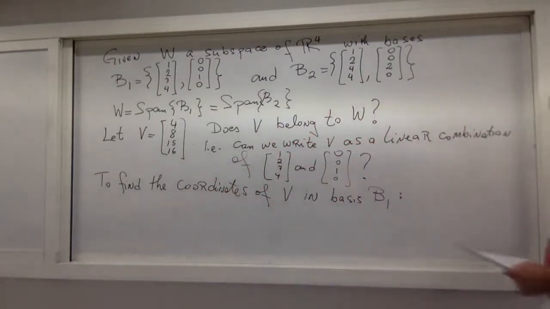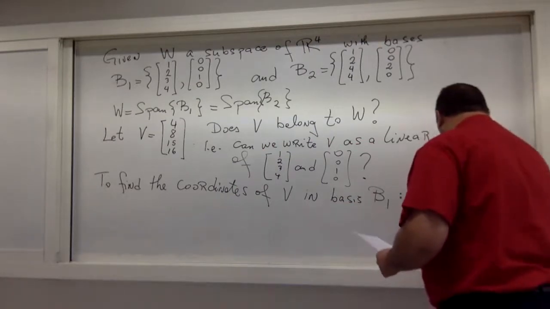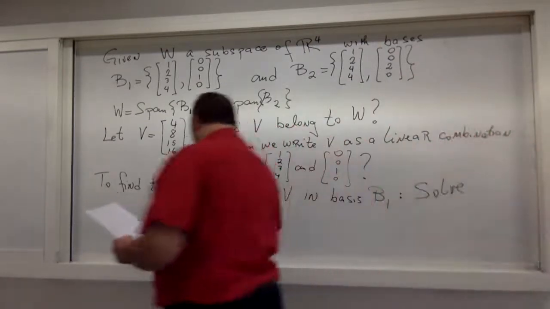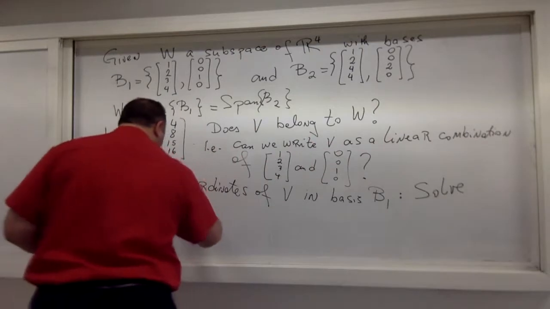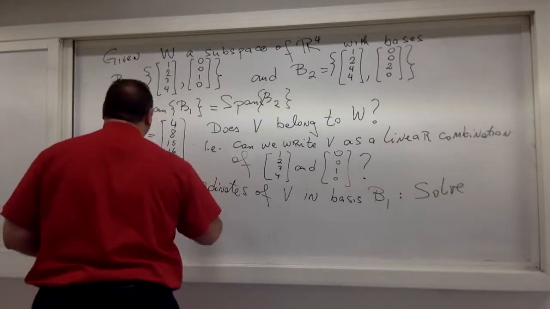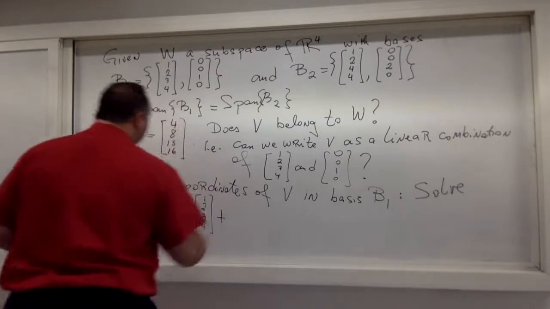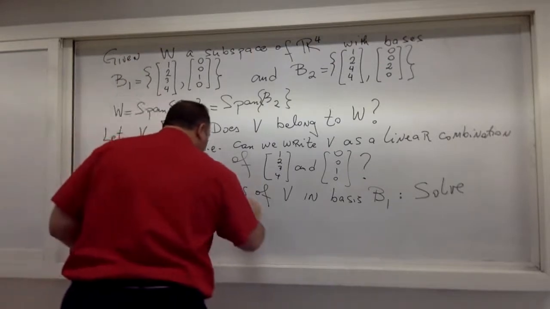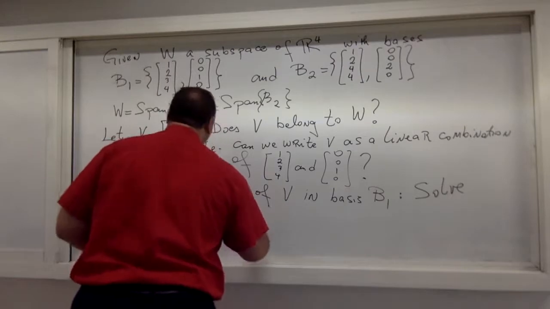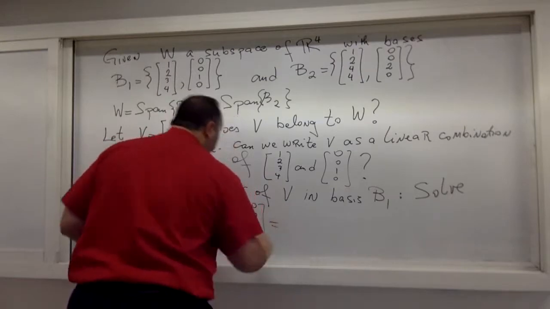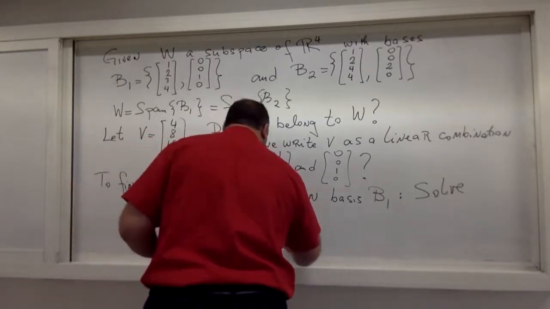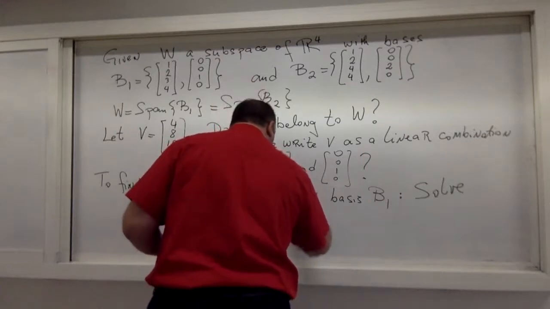That's not complicated. I need to solve the equation: I'm looking for numbers A and B such that A times the first basis vector plus B times the second basis vector is equal to V, and V is 4, 8, 15, 16.